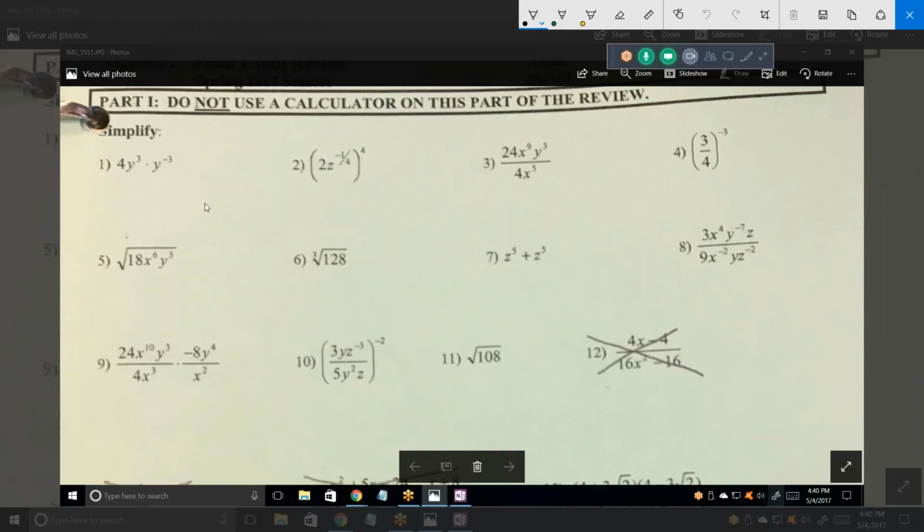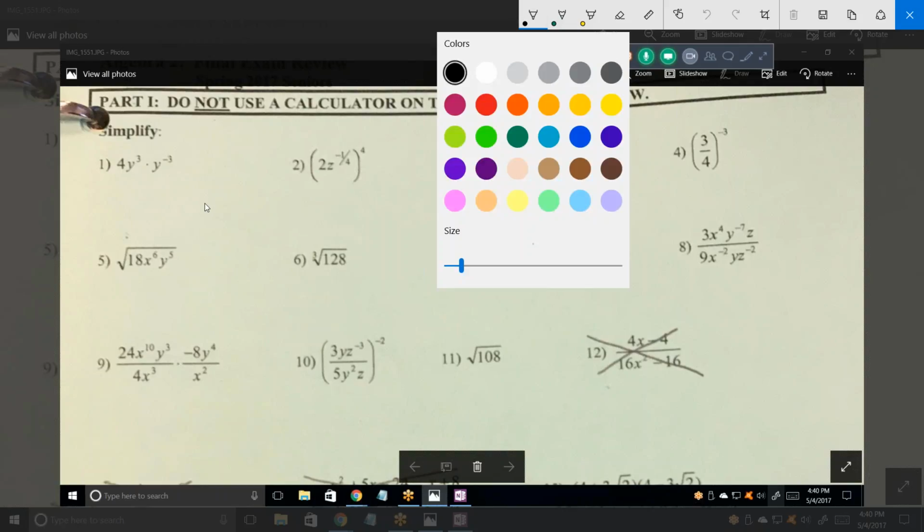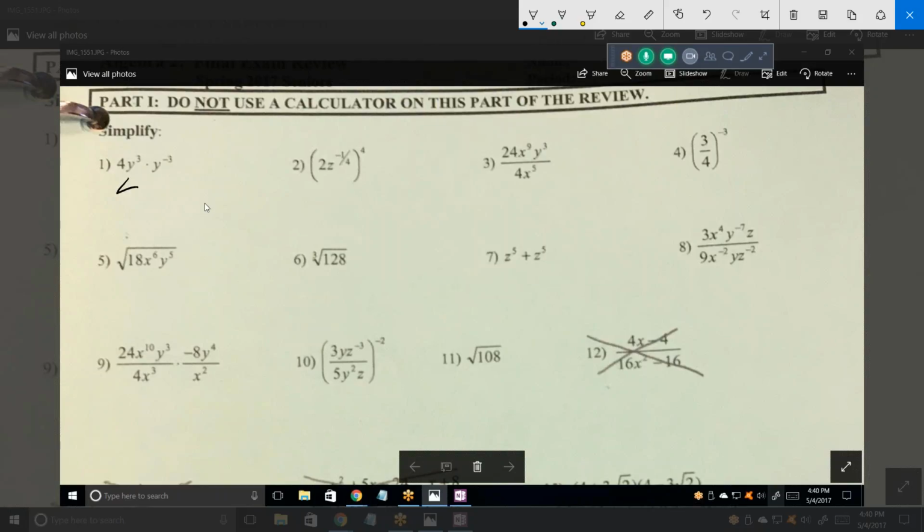So, in number 1, I'm multiplying the same base. Y is the base. What's my answer going to be? 4y to the what? You multiply these, right?